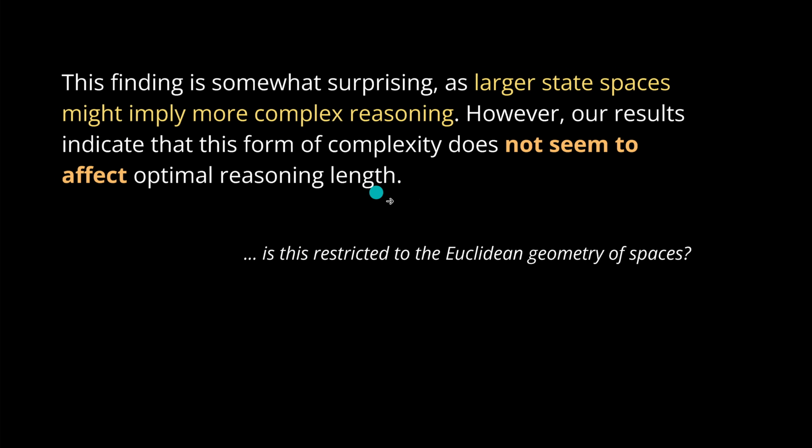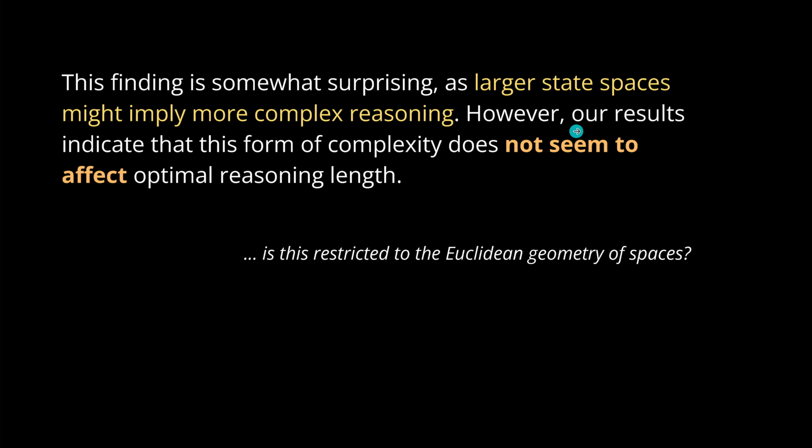So the authors say, this finding is somewhat surprising, as larger state spaces might imply more complex reasoning. And this is what we thought. If we take a large language model that has, I don't know, 5 billion trainable parameters instead of 1 billion, we can now cope with more complex reasoning tasks.